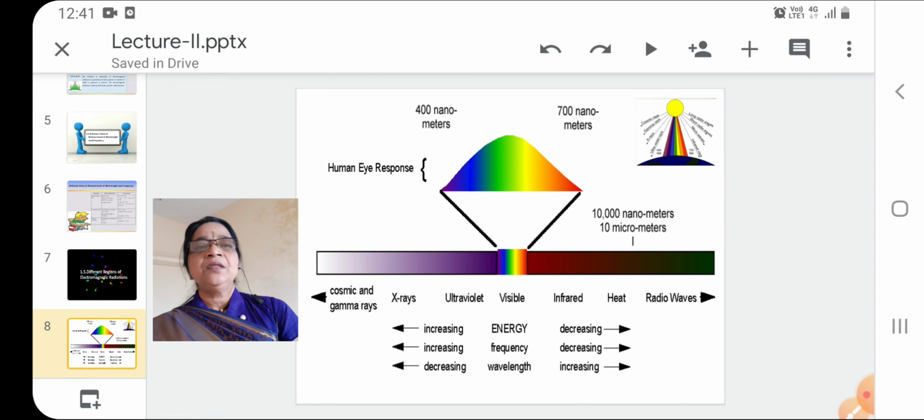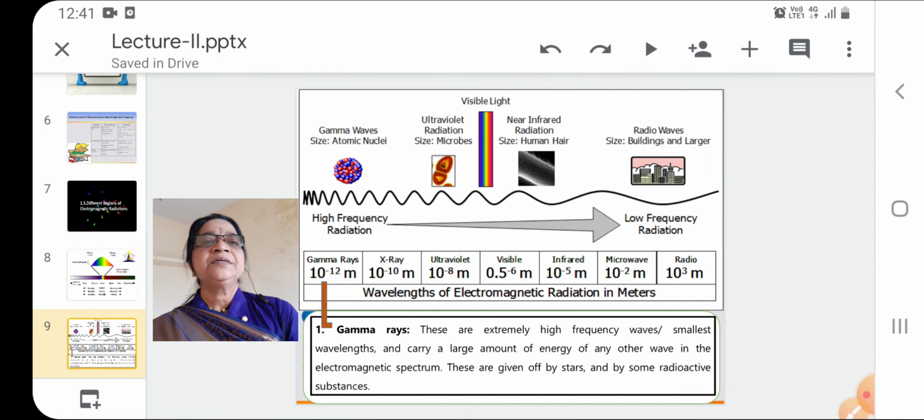Now see the next one, the regions given from the gamma rays to the radio waves. First of all, we have to see the gamma rays.